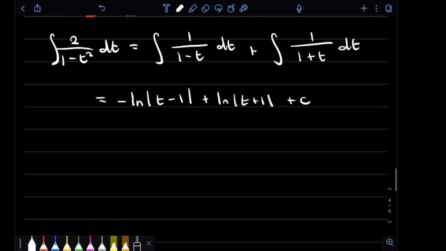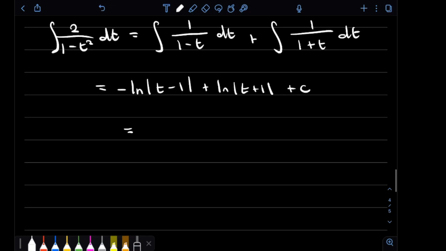And in the end, actually, before I wrap this up, I'm going to write the natural log all in one big thing here. And now remember, we use the substitution t is equal to tangent of x over 2.